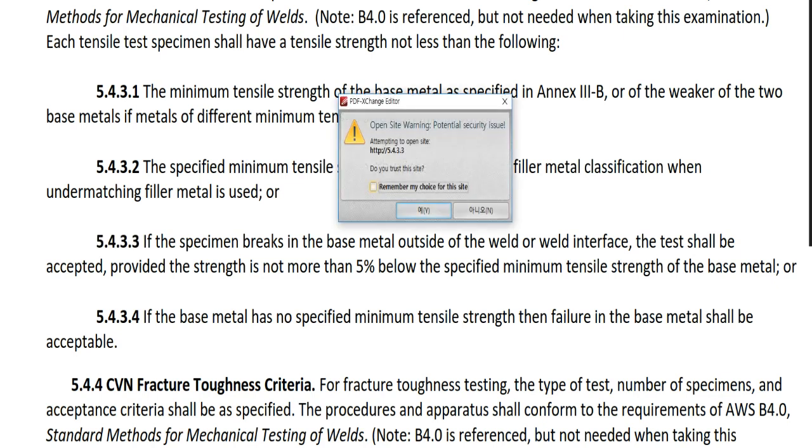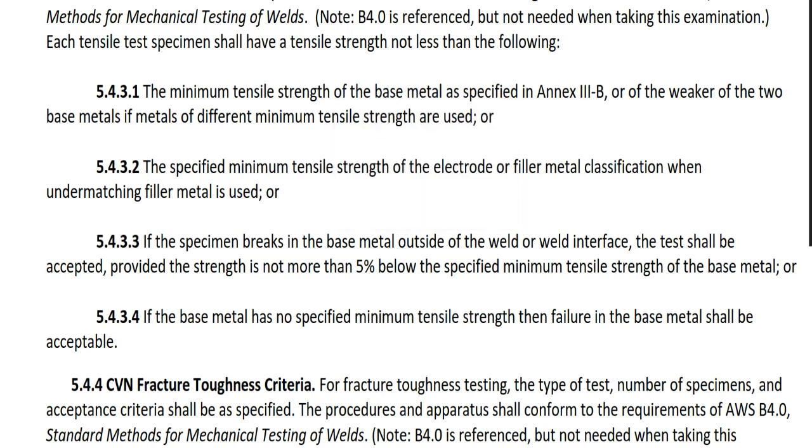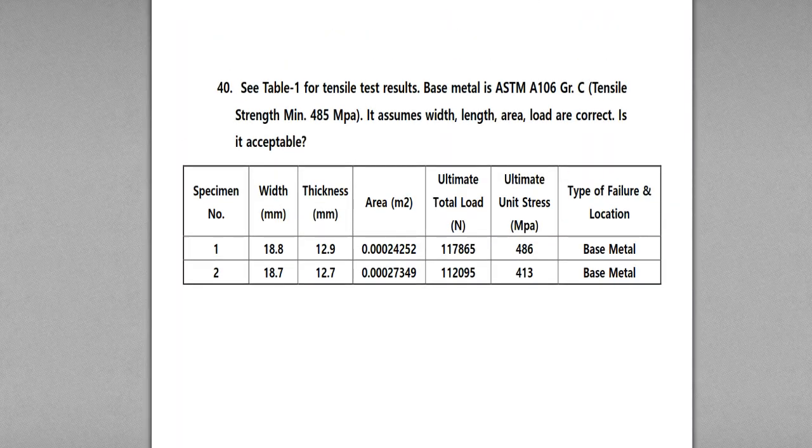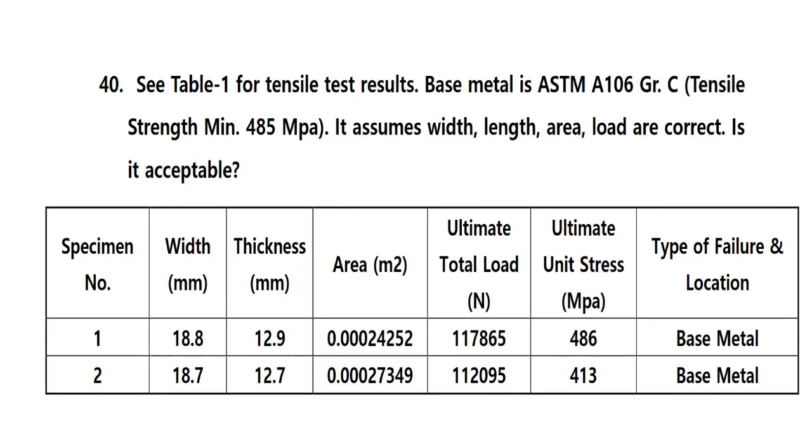So for this 5.4.3.3, I have a sample question, something like this. Table 1, this is Table 1, tensile test result. Width and thickness, width times thickness is area.